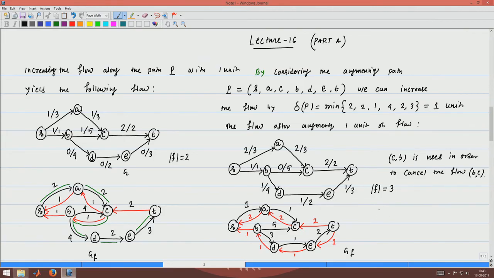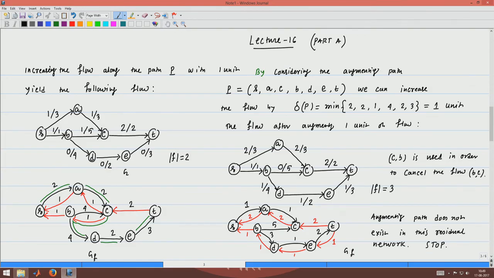residual network. So, we can say that an augmenting path does not exist in this residual network, and you stop here.